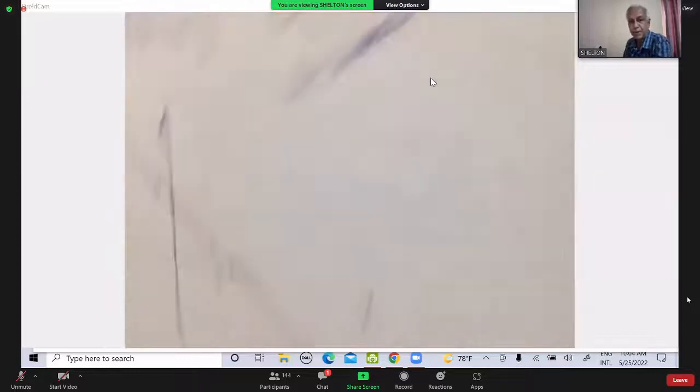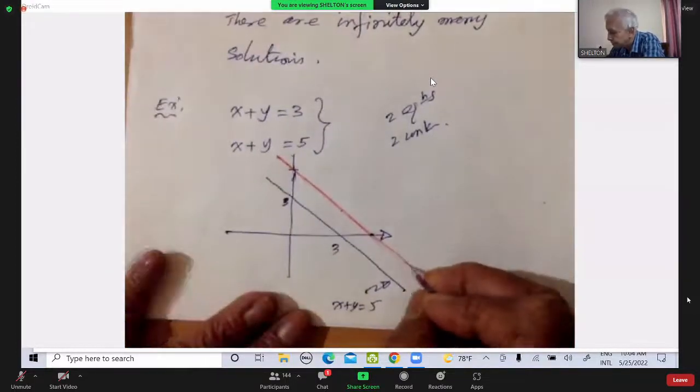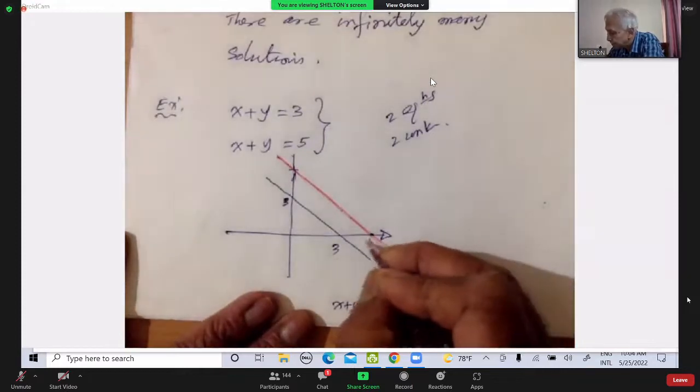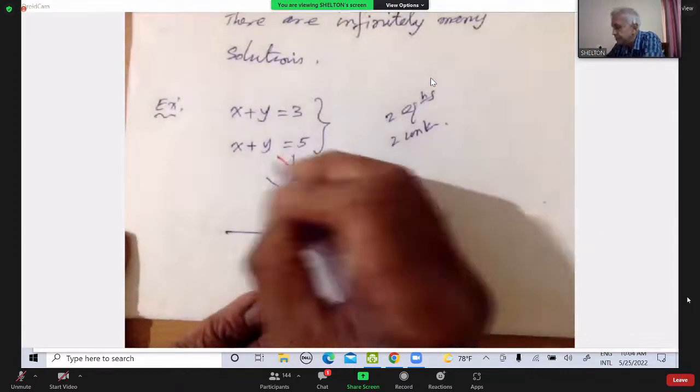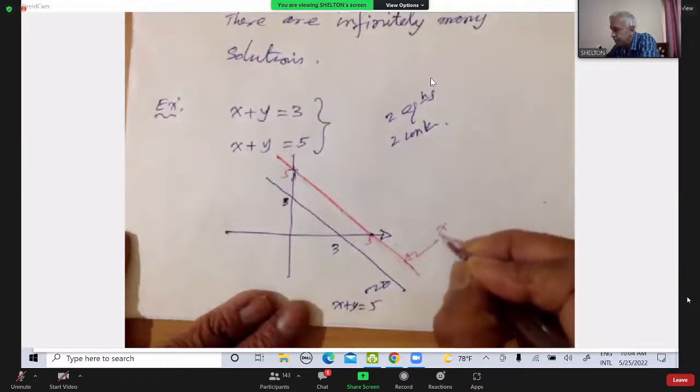What is the red one? This is 5 here, 5 here. Second equation. This is x plus y equals 5.